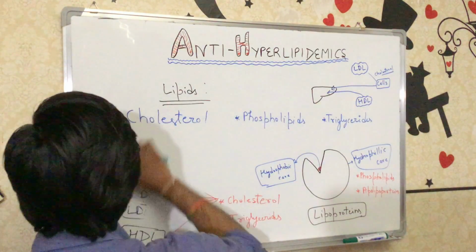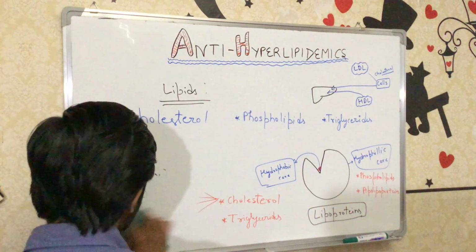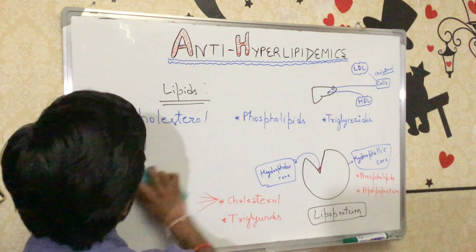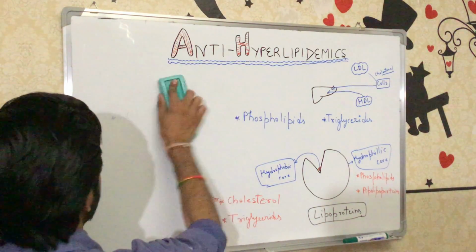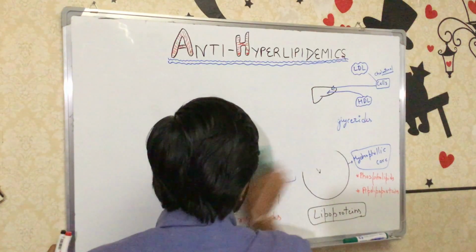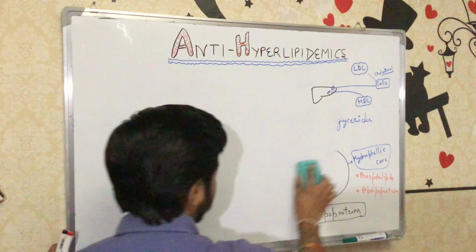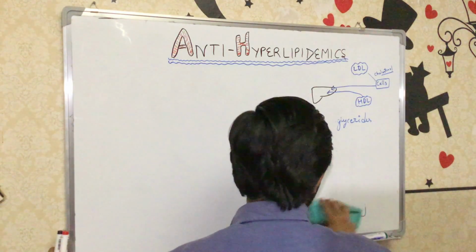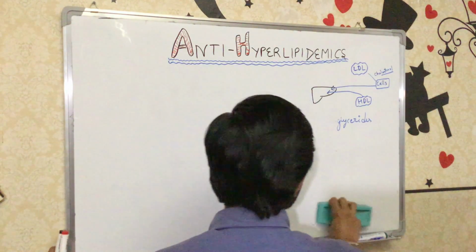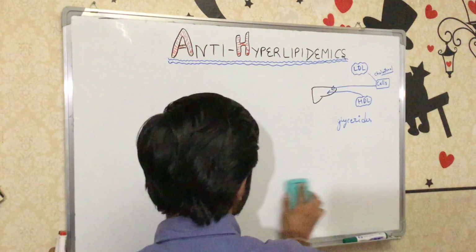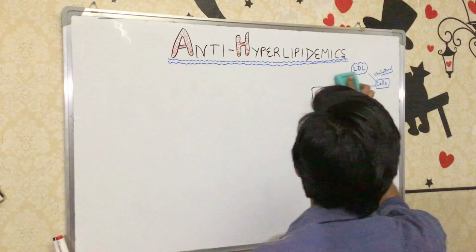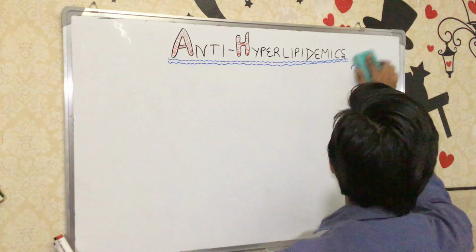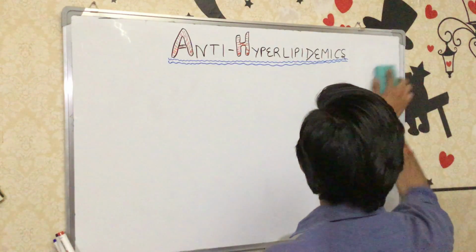They have a wide variety of classifications. Among them, HMG coenzyme A reductase inhibitors are very popular, which we also call statins. So let's talk about those.